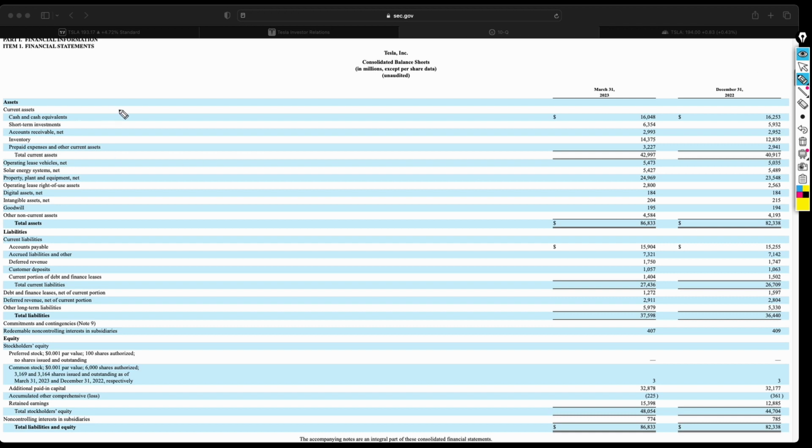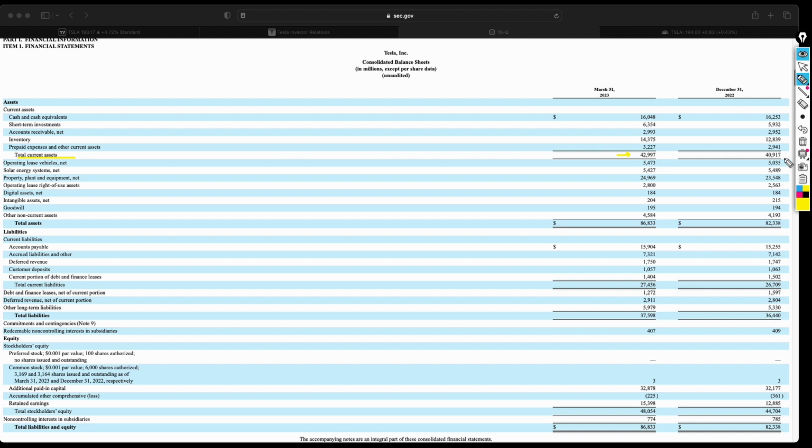Any business at the end of the day needs to bring in money, but okay, we're looking at a balance sheet, so the balance sheet doesn't say anything about revenue. Here we're looking at the total current assets, because we want to look at the comparison between the current assets and the current liabilities.